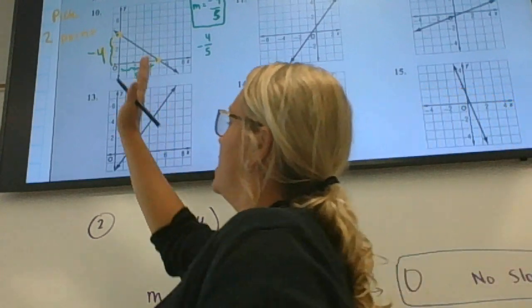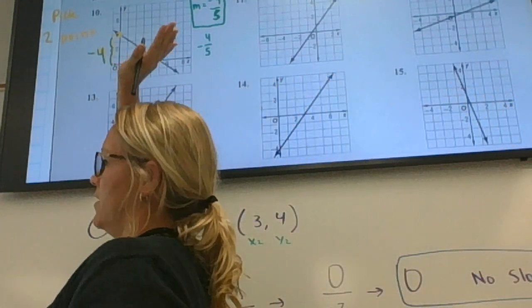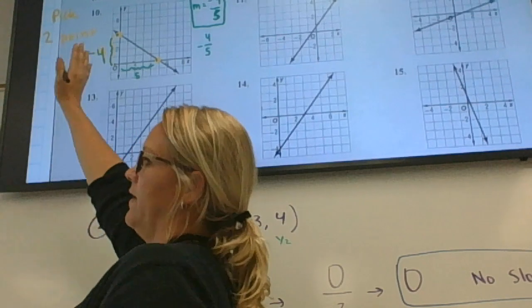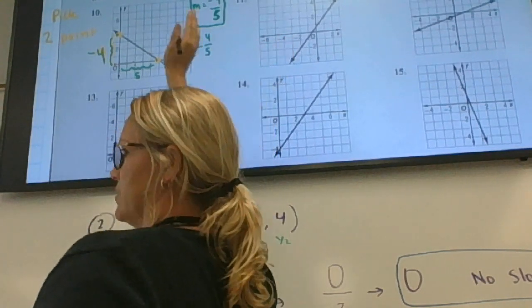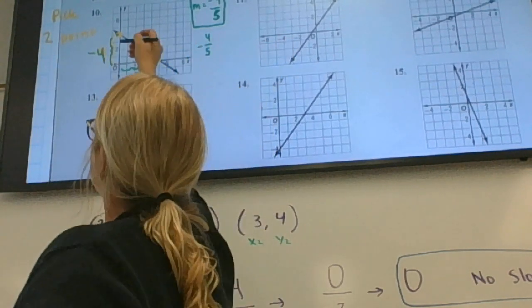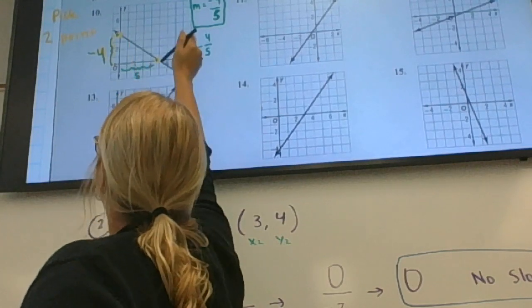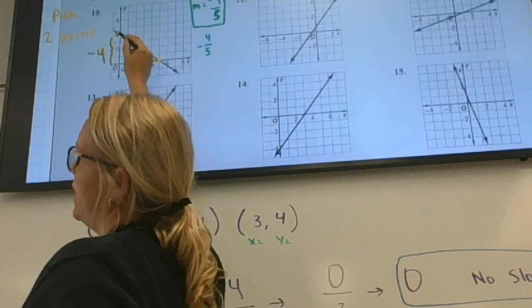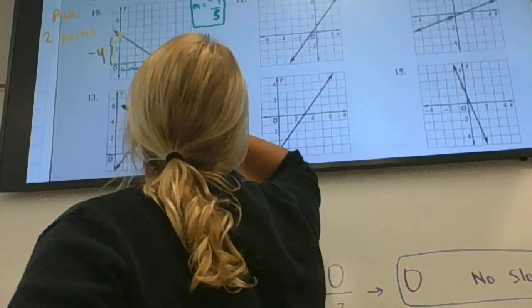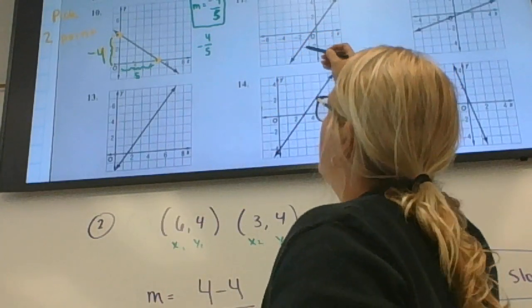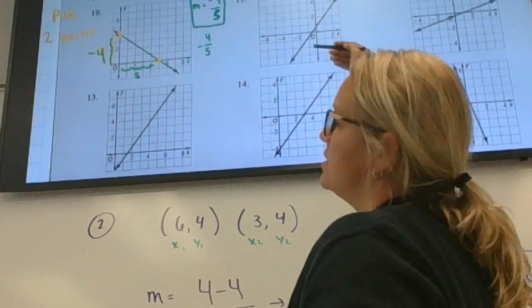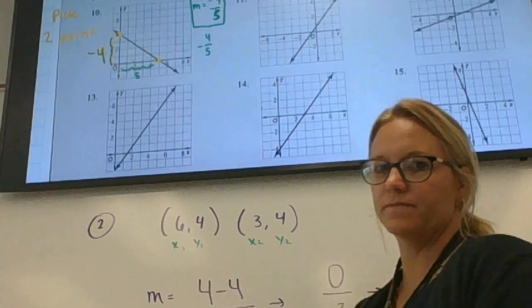I always start at the furthest left point, and then I count right. That's just a systematic approach. I just found 2 points, and it happens to be on the y-axis. So I'll let you pick 2 points, and we'll see if we pick the same points in number 11.